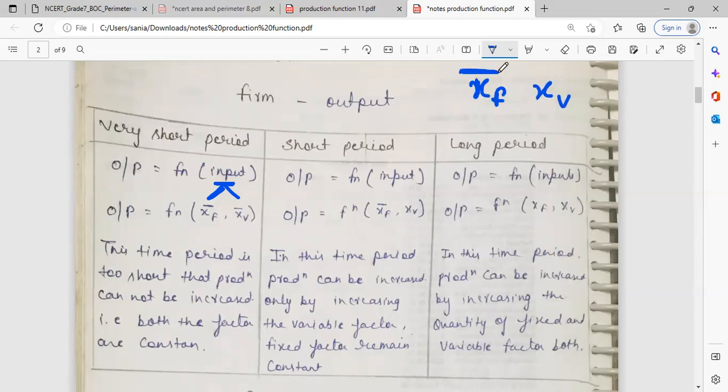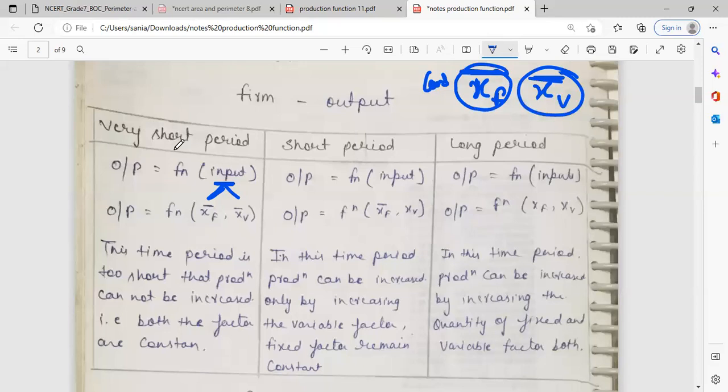If I put a bar over here, this means that this is constant, this will not change, and only the other will change. If I put a bar on both, that means both will not change. But if I put a bar on this and not on this, that means this will remain constant and this will change.